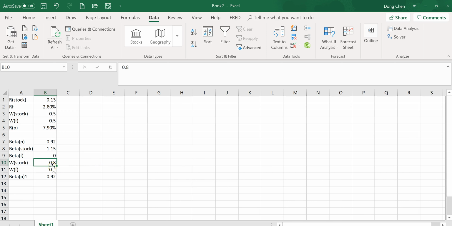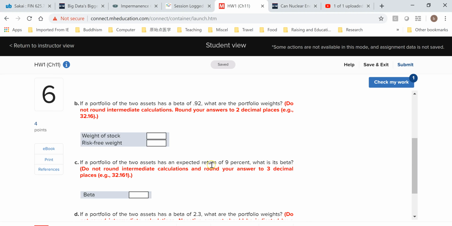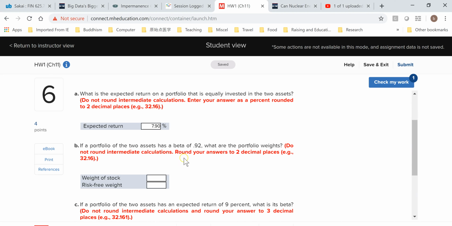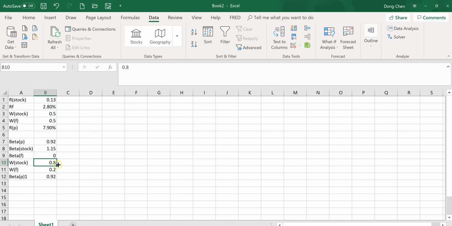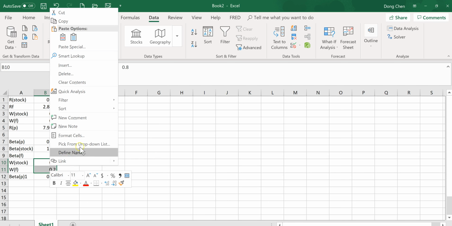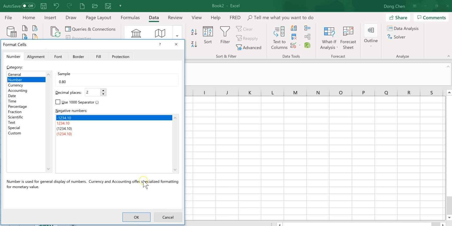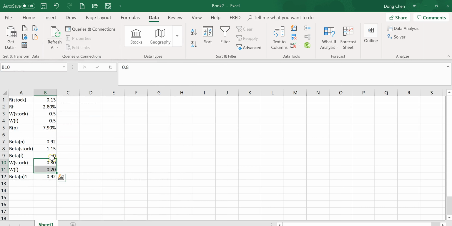Sometimes this may be a rounded number, so we have to make sure that we're complying with the rounding requirement. Part B says round your answers to 2 decimal places. So I need to change the format here to 2 decimal places. I think the exact answer is also 80%.